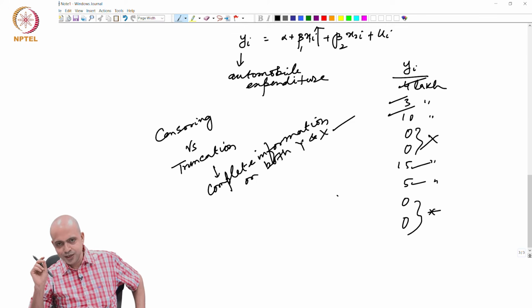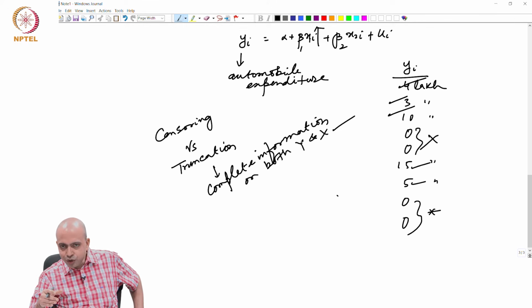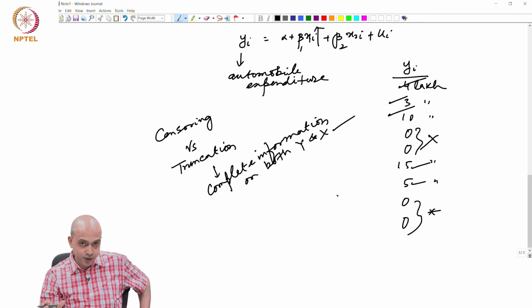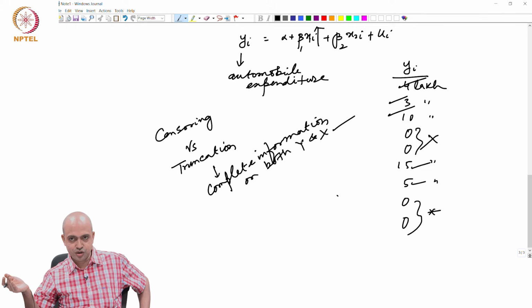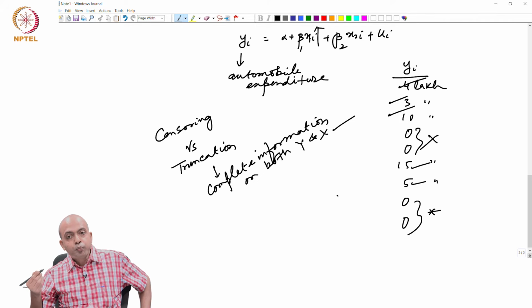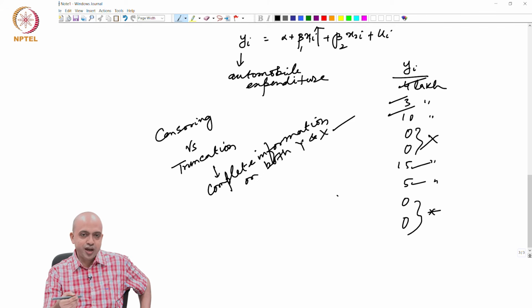We need to understand this in detail, then estimate, and again interpret the coefficients. These probabilistic models are quite different from the standard econometric model in terms of interpretation, because here you are going to estimate the probability of owning a house.